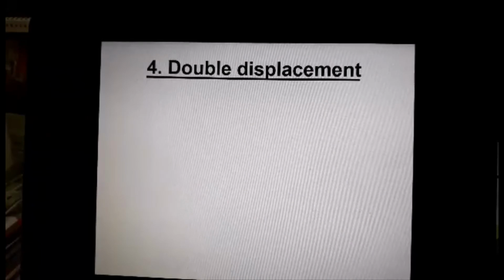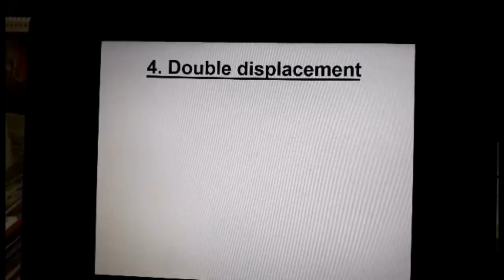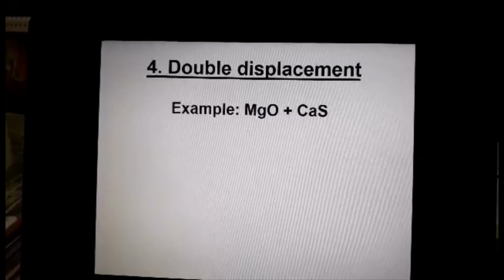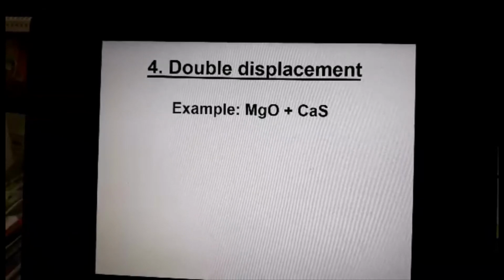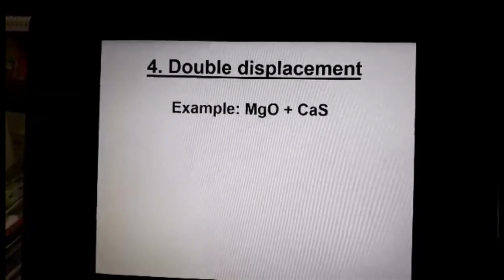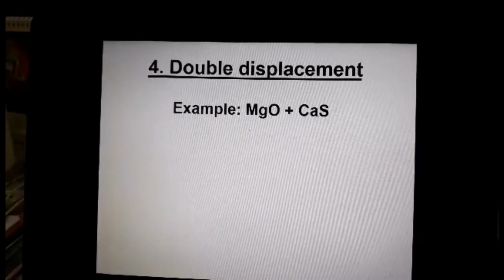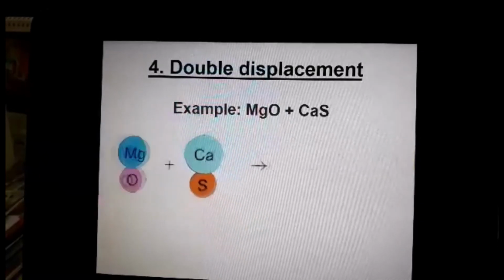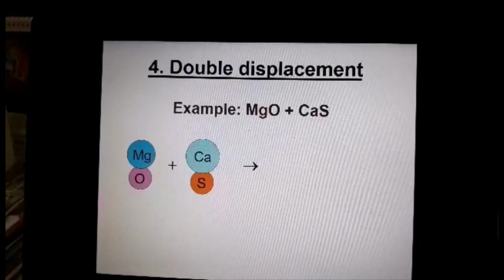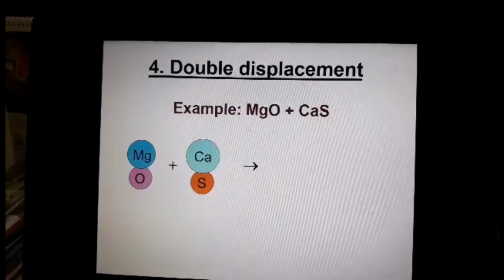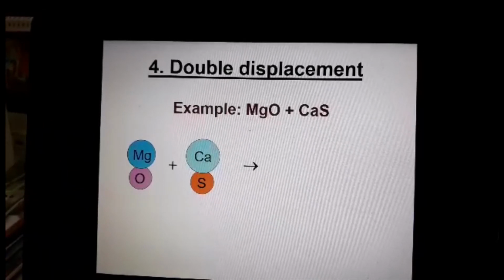The fourth type of chemical reaction is the double displacement reaction. For example, we have magnesium oxide plus calcium sulfide. Magnesium is positive, calcium is positive, oxygen is negative, sulfur is negative. So what are you going to do? The partners of calcium and magnesium will switch. The two positive ions will switch partners. But take note, let us always consider also the oxidation number.